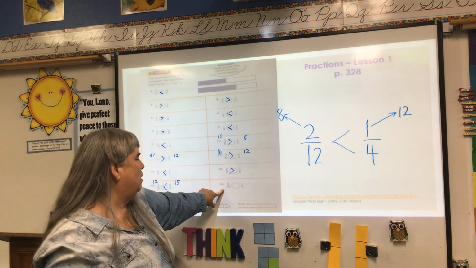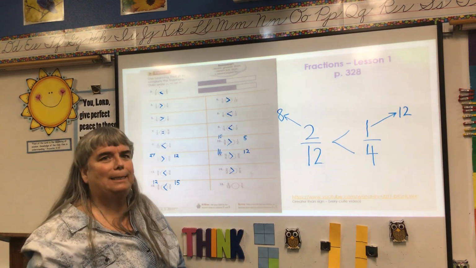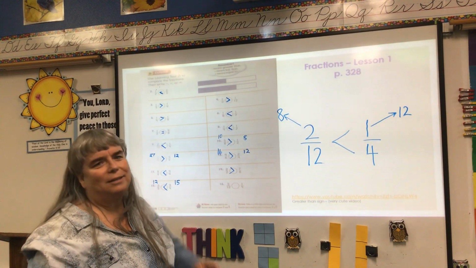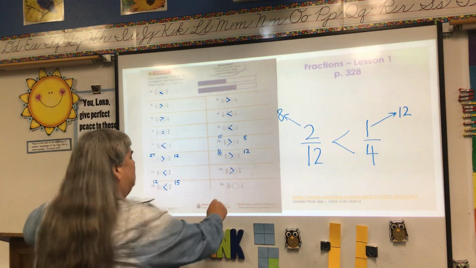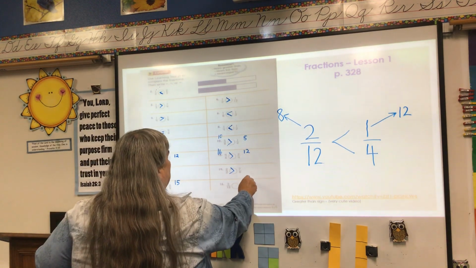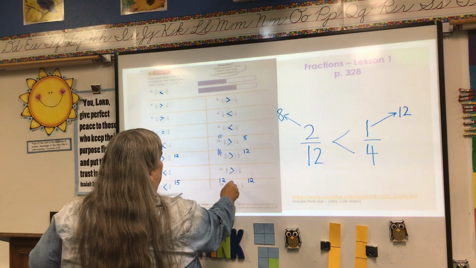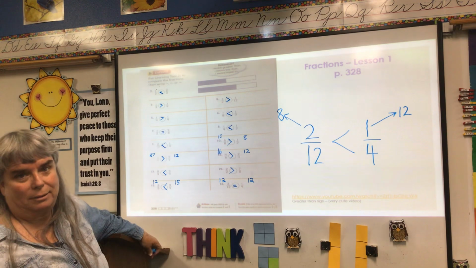We have 3/12 and we have 1/4. You know, I have a sneaking suspicion that these are going to be very close, if not the same. Let's do our crossing swords. 12 times 1 is 12. 4 times 3 is also 12. Guess what? Those are equal.